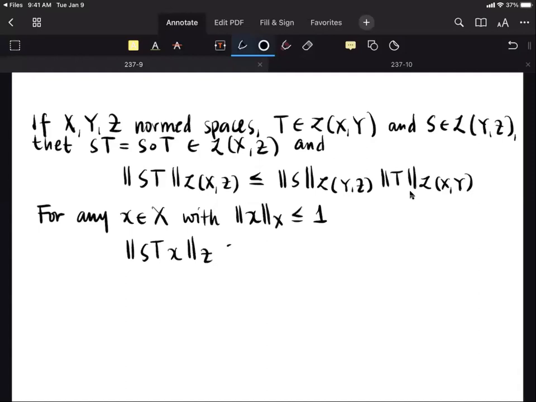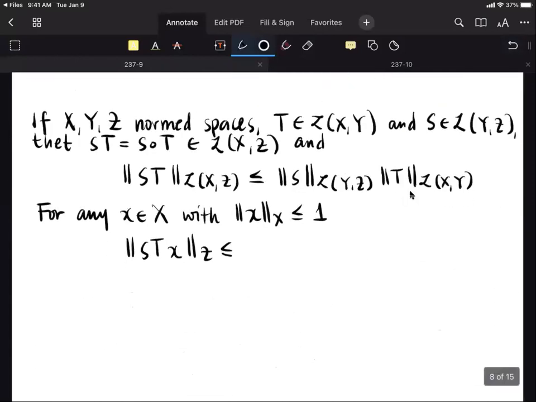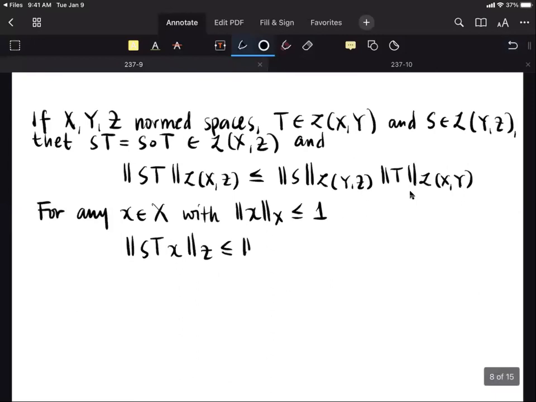According to this property, this is less than or equal to the norm of S times the norm of the argument. In this case, this is Tx.